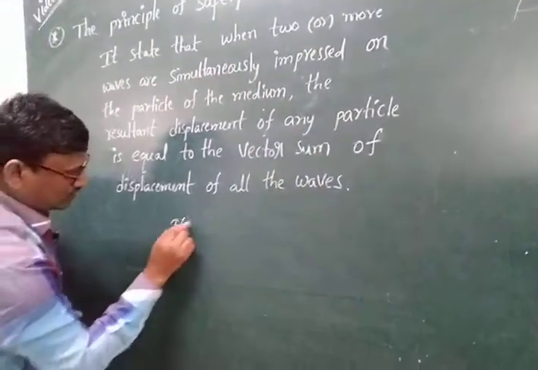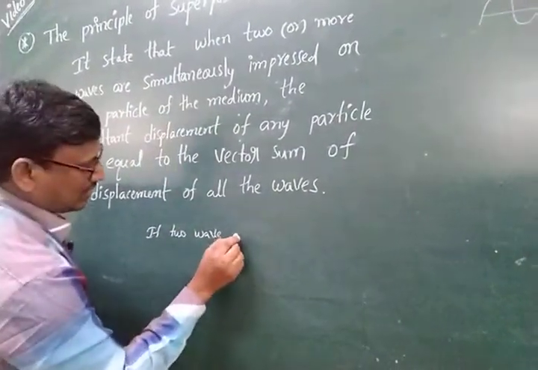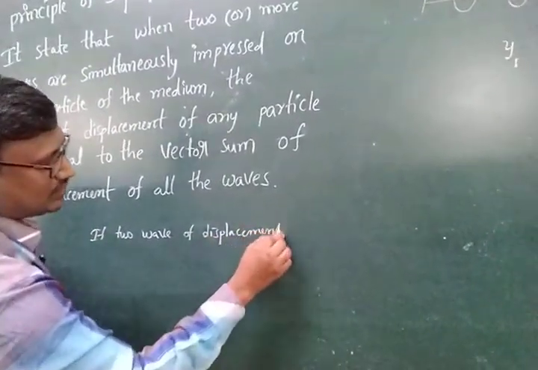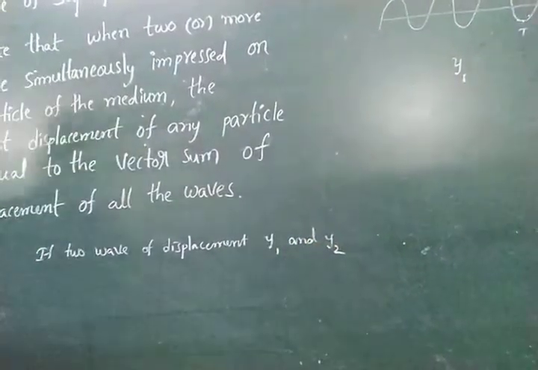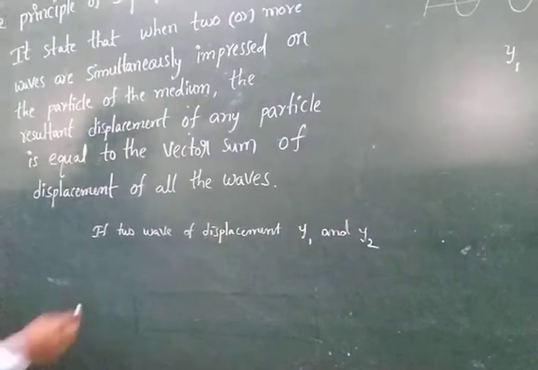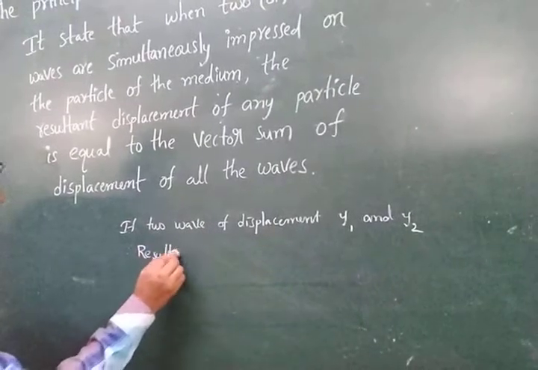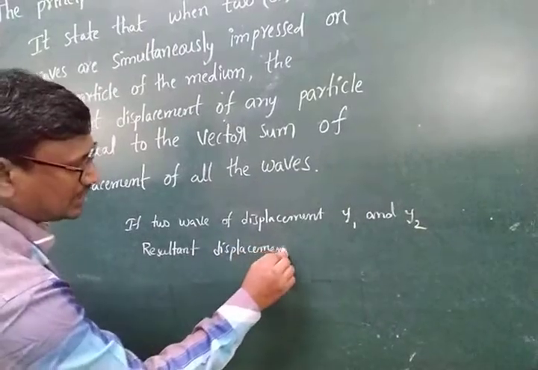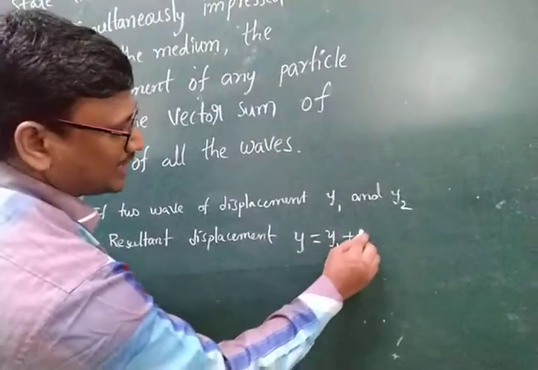Therefore, if two waves of displacement y1 and y2 act together, their resultant displacement y is equal to y1 plus y2.